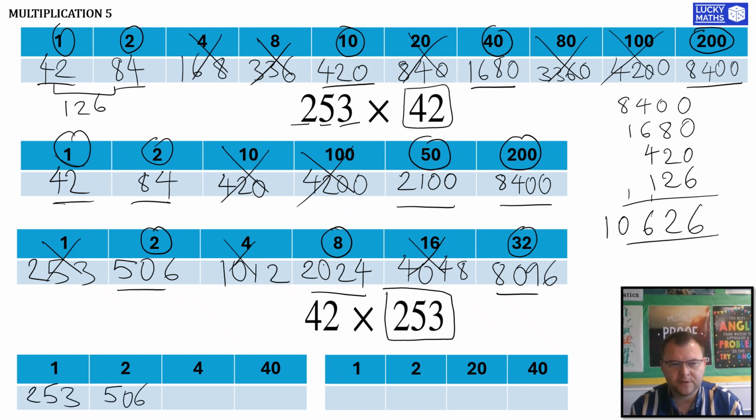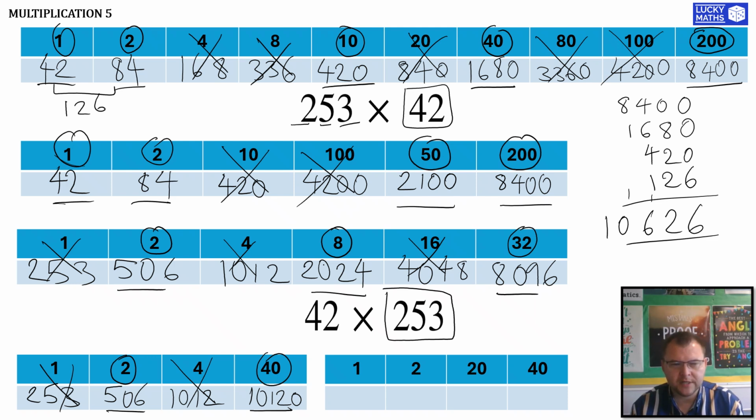But you could slightly shortcut that. So we double first of all, we double that one again. 40 lots of 253 will be 10,120. So already with this example, I've got 42 by adding together 506 to the 10,120.